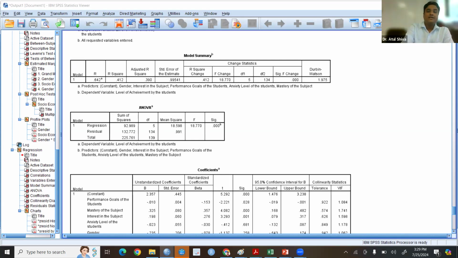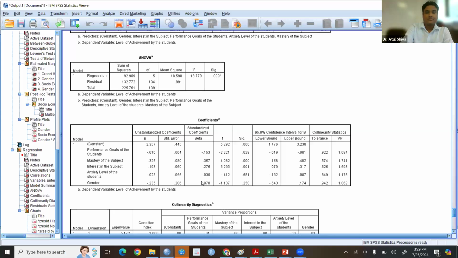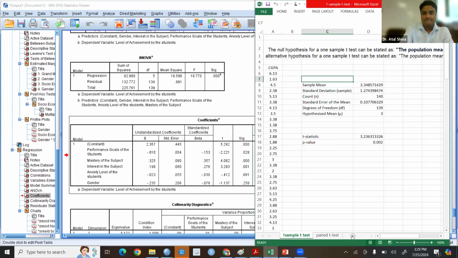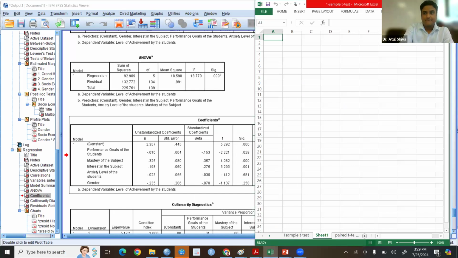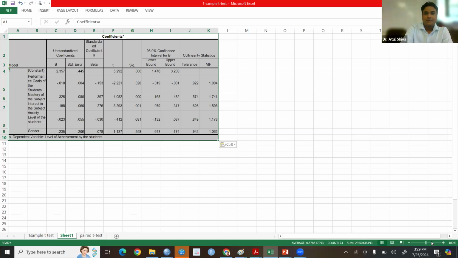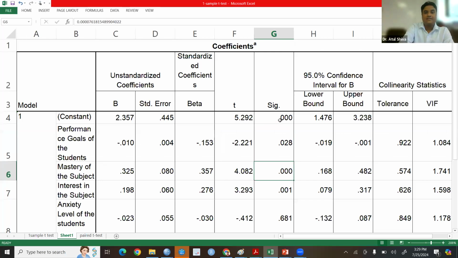Model is significant. Just focus only on coefficients. Let me paste it into Excel. Now I guess the screen is more visible to you. Look at the p-values. Which p-value is significant?